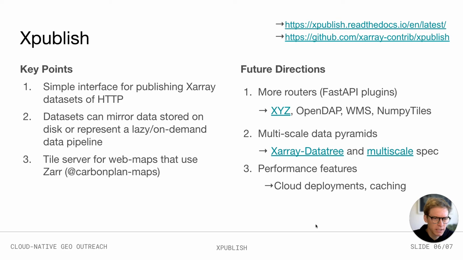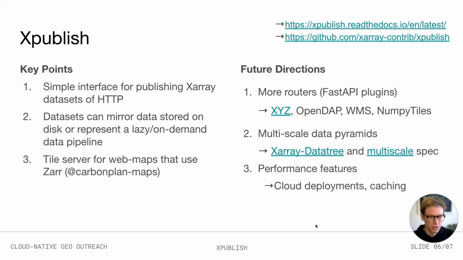So some key points here. The first is that Xpublish supports publishing Xarray datasets over HTTP. We use Zarr as the primary router, but additional routers can be added, and I'll talk about that in a second. One of the coolest things is that this allows for the serving of on-demand data.